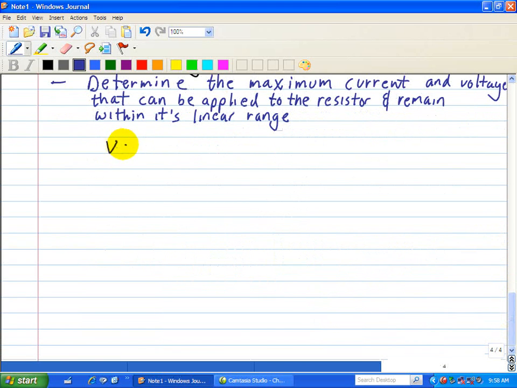That is, V is equal to IR, and we note that power using this would be V squared divided by R, and also I squared R. Now usually when I denote cap letters, that denotes that it's a DC current. If I use script letters, that is known as an AC type of variable.